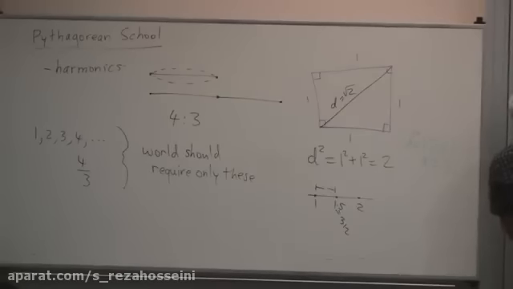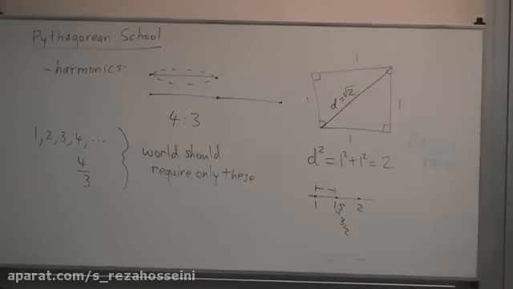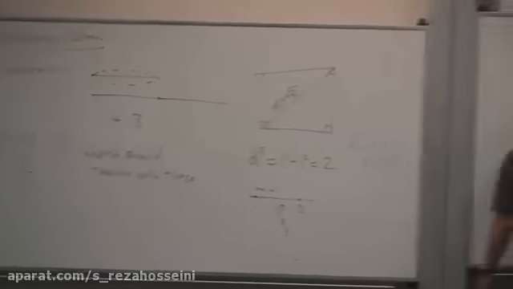So, theorem: root 2 is not a rational number. There's no way of writing it as some kind of ratio of natural numbers.